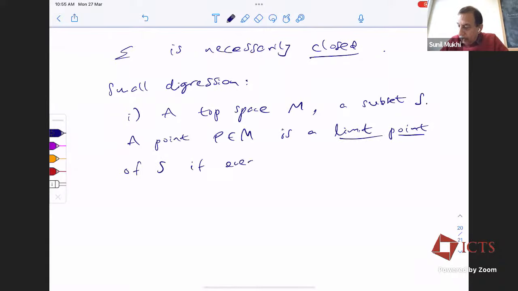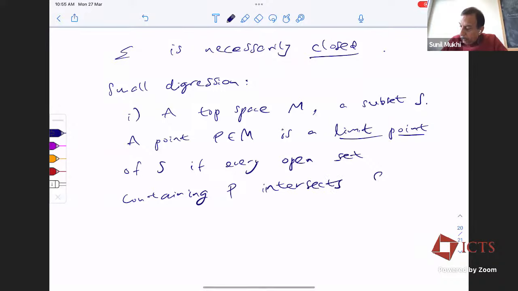if every open set containing P intersects S. The intersection here always means non-trivial intersection.